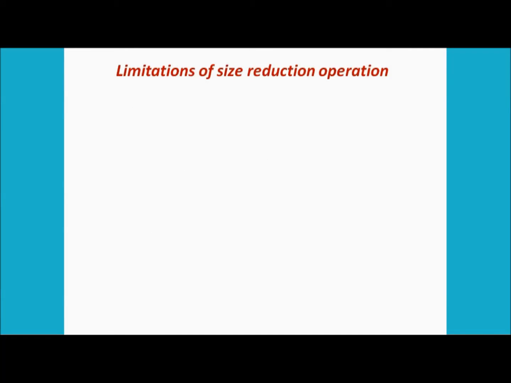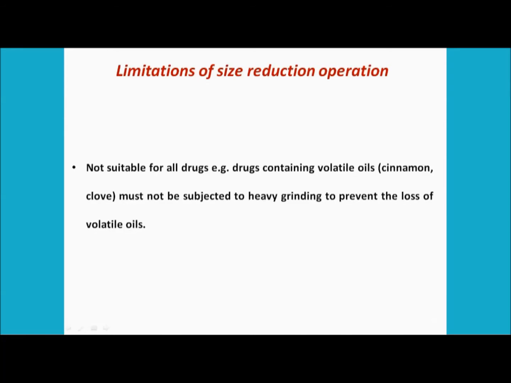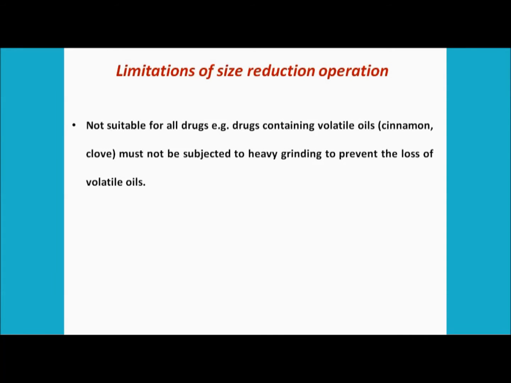Now you see the limitations of size reduction operation. What are the different limitations? First of all, these size reduction processes are not suitable for drugs which contain volatile oil, for example cinnamon and clove, because if we reduce the size of the cinnamon or clove, what will happen? The volatile oil may get lost.